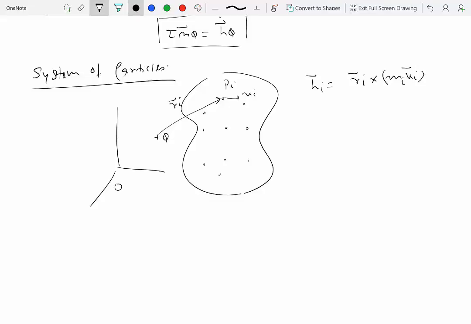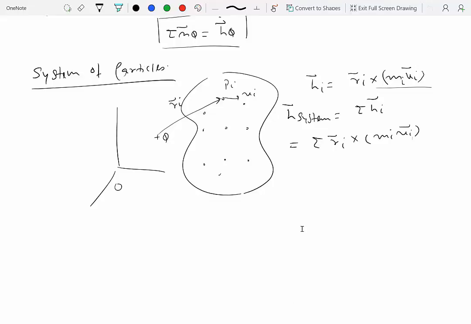Let me say this is Mi because we're looking at an individual particle i. So if I want to get the angular momentum of the system, I have to add these all together. We have to write this for individual particles and add them together. So we get sigma Ri cross Mi Vi.